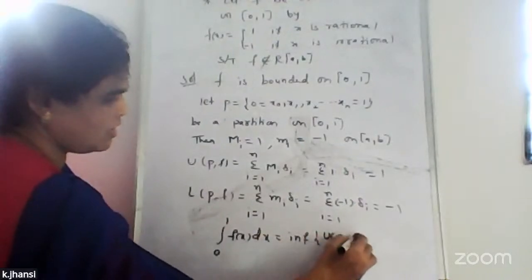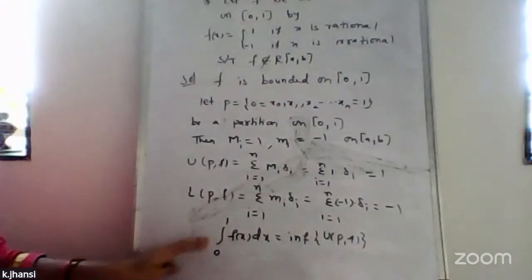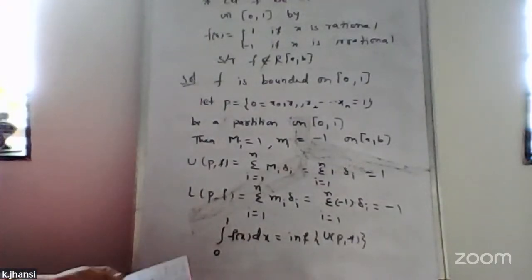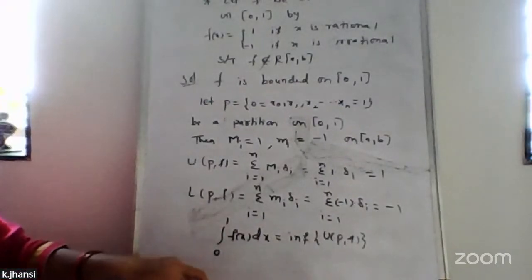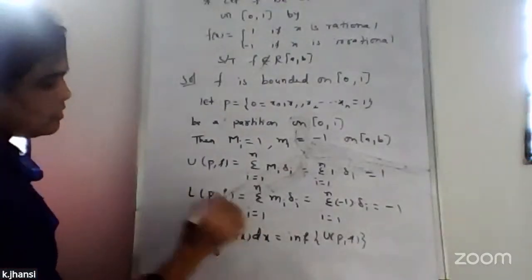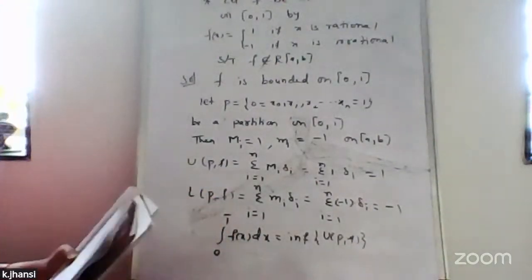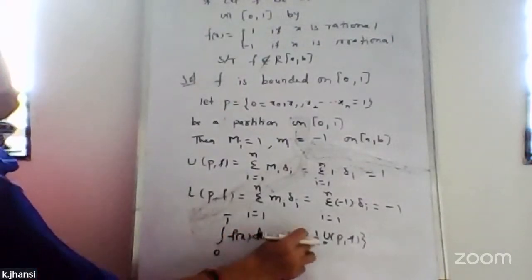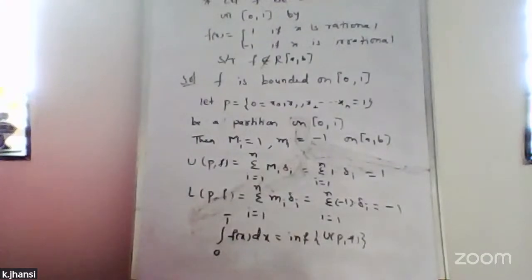Just now we have seen the definition of Riemann integrability, with upper Riemann sum and lower Riemann sum. So the upper Riemann integral of f of x dx from 0 to 1 equals the infimum of U of P comma f.